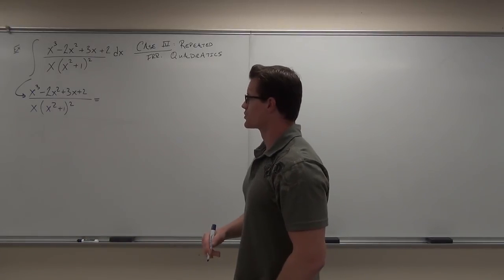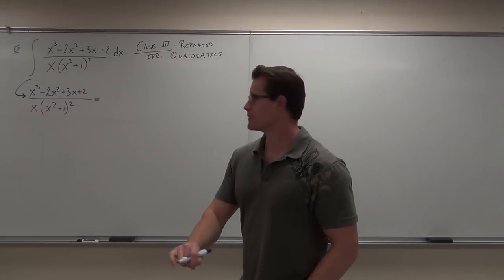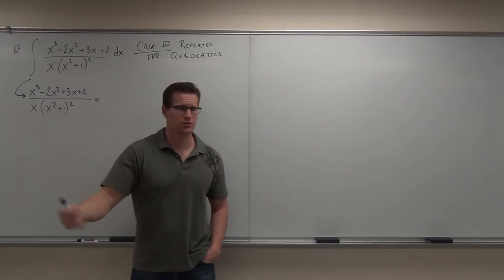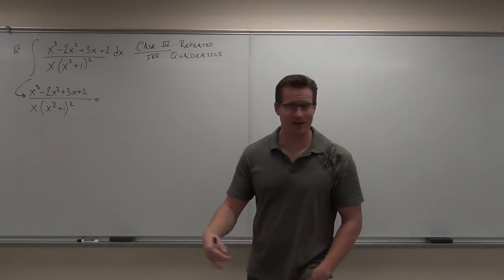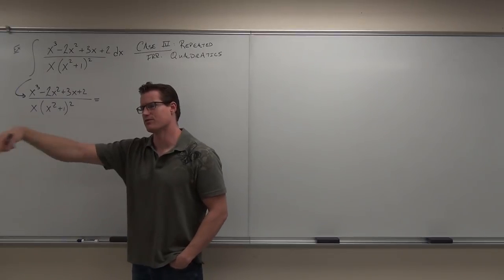Question: is the degree of the numerator less than the degree of the denominator? Yes. This counts as x to the 4th, here's x to the 5th, that's more than x to the 3rd, that's great. So we don't need to do long division or anything like that. This is nice because that would be very hard to do with this problem. We don't have to redistribute and then refactor.